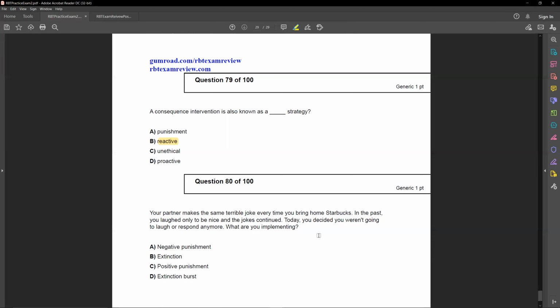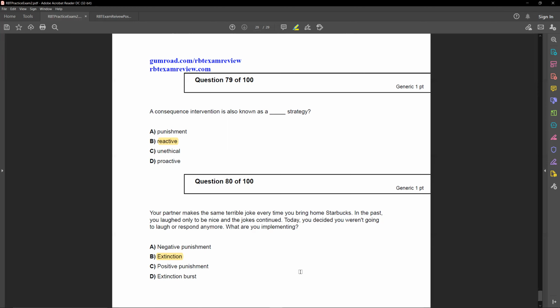We're just not giving reinforcement, right? So what does that mean? If we're ceasing to deliver reinforcement for a previously reinforced behavior, what is that? That is extinction. And that's an important concept, right? Extinction is not punishment. Extinction is just not giving reinforcement. Punishment is punishment.